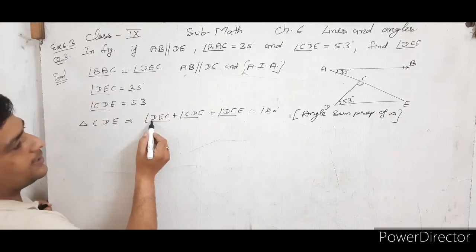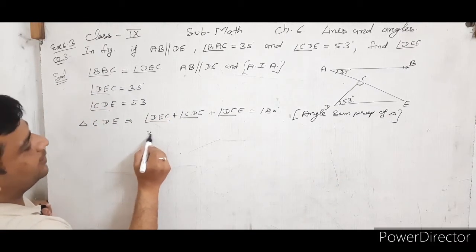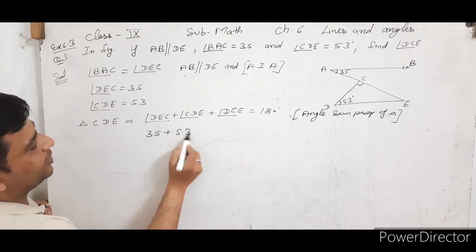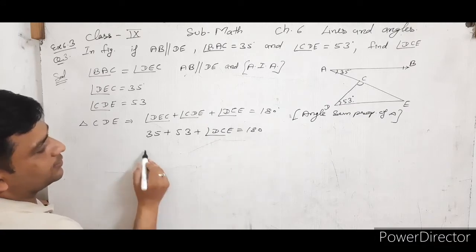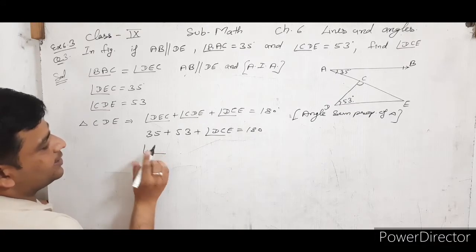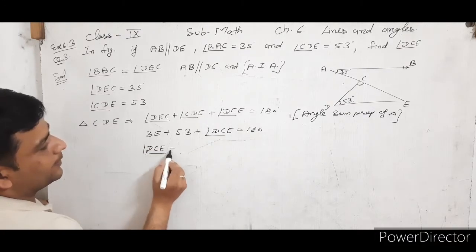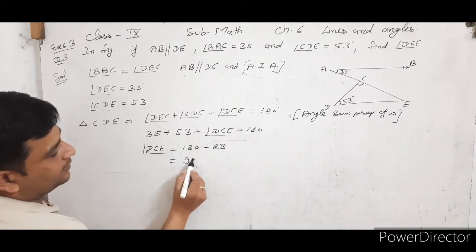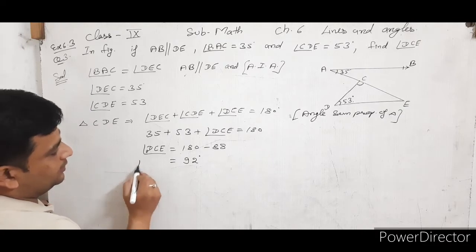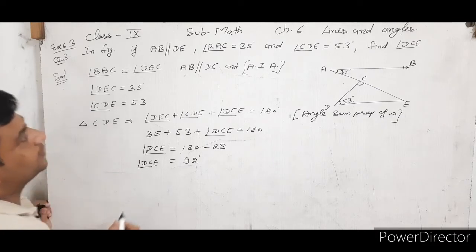Now DEC is 35, plus 53, plus DCE equals 180. So angle DCE is equal to 180 minus 88. It is 92 degrees. That is our answer of question number 3.